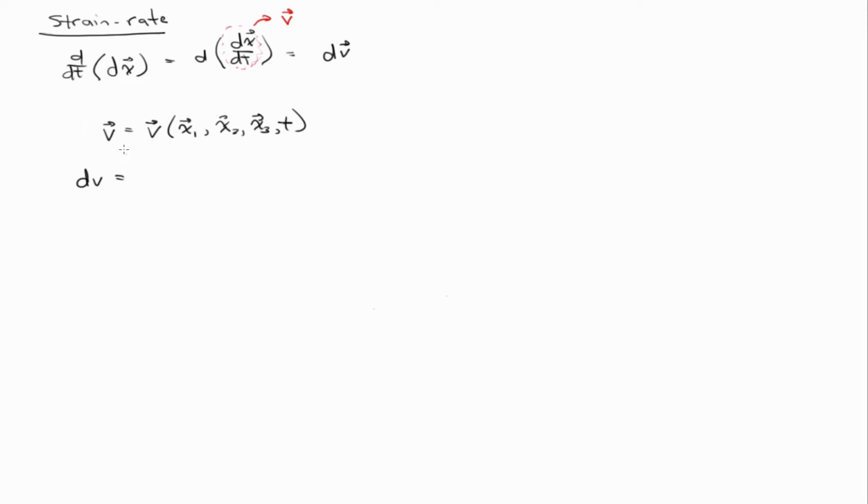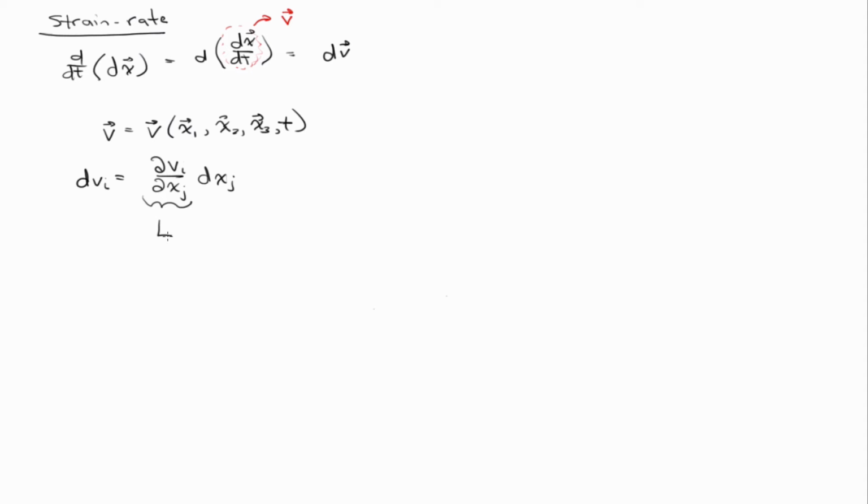So dvi is partial vi partial xj dxj, right? And so we have a name for this. This is called the velocity gradient. We use the symbol L.